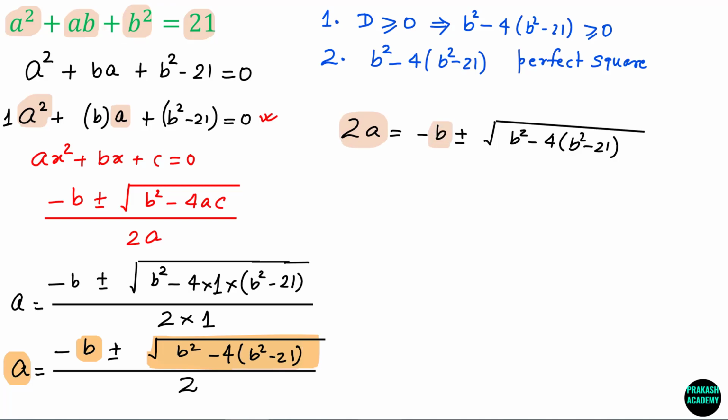And b is an integer. So this also has to be an integer. And then this is also a perfect square. This means this is a natural number. So the third thing I can say is that b square minus 4 times b square minus 21 belongs to the natural number set. So this is a natural number.